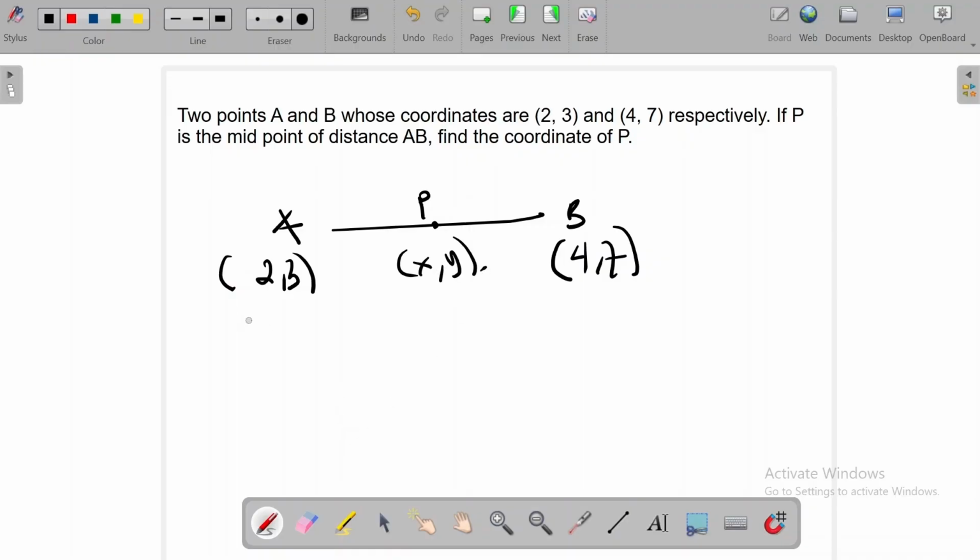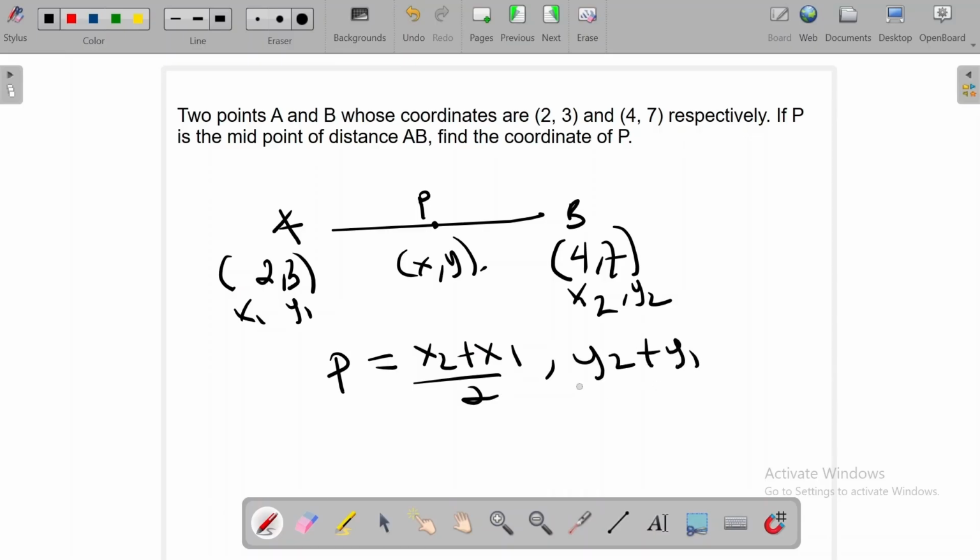I would simply call this X1, Y1, X2, Y2. So simply add the X's and the Y's, divide them by 2. So the midpoint, which is represented as P, would be X2 plus X1 divided by 2, Y2 plus Y1 divided by 2. And this gives me, what is my X2? 4 plus 2.